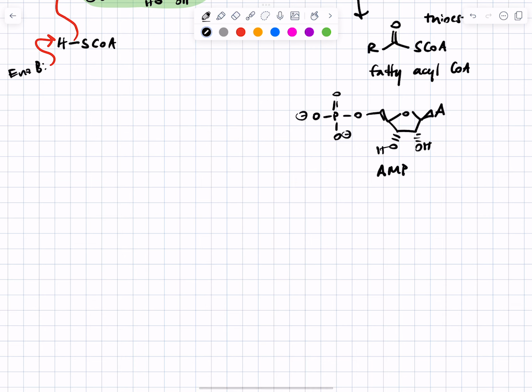The thing you need to understand about both substrate level phosphorylation and oxidative phosphorylation is they both act on ADP. In substrate level phosphorylation, which occurs in glycolysis and in the citric acid cycle, basically ADP or something like it with two phosphate groups on it attacks a phosphate group on another molecule, and you make a new phosphoanhydride bond. You have to start with ADP and not with AMP.